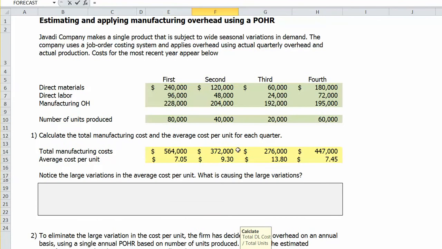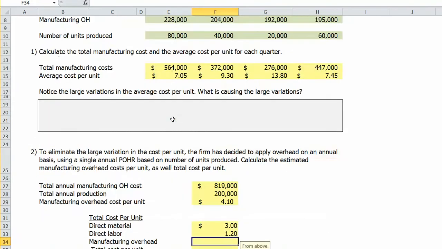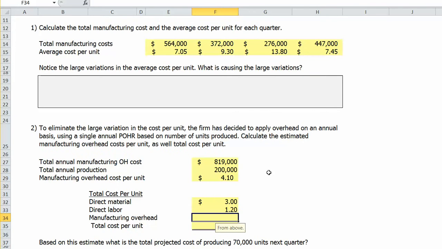For direct labor, we'll take the 96 and divide it by 80, and our direct labor cost is $1.20 per unit, and we've estimated overhead of $4.10, and so we have an estimated unit cost of direct materials plus direct labor plus our manufacturing overhead of $8.30 per unit.